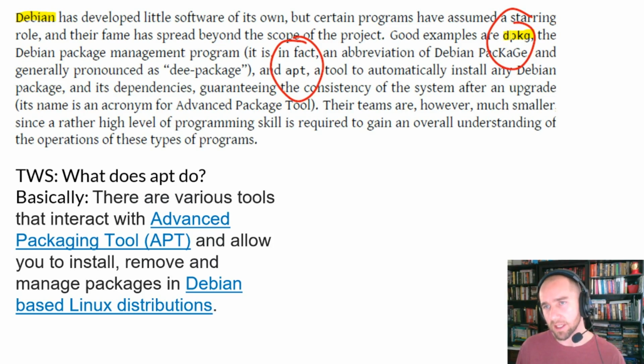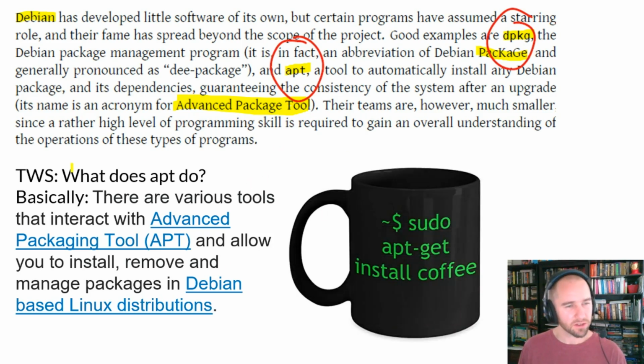There you go, D, package. apt is another tool to automatically install any Debian package and its dependencies, guaranteeing the consistency of the system after an upgrade, and so its name is an acronym for Advanced Package Tool. So sometimes these are just straight up acronyms like this one, and sometimes they are just like weird consonants picked out of a particular word. So apt is the big one I'd suggest you remember.